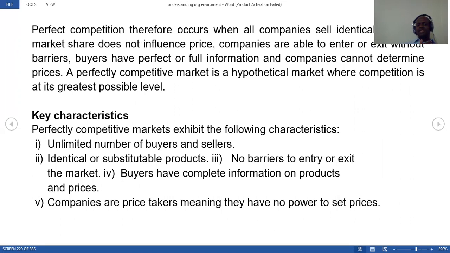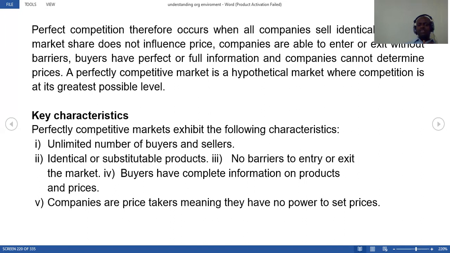So that is a clear example of a perfect competition market, where every supplier wants to sell their produce, and at the same time, we have many buyers who want to buy what is there in the market.